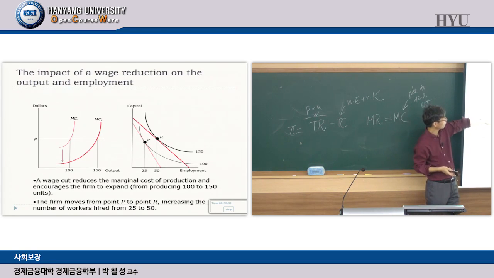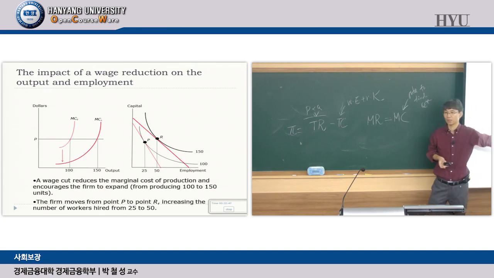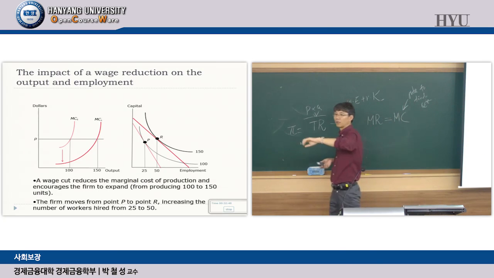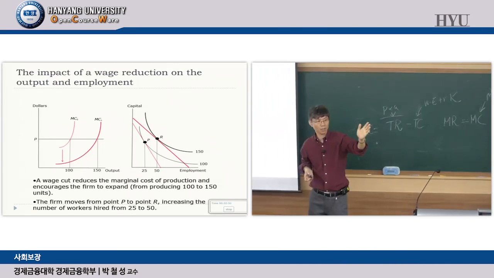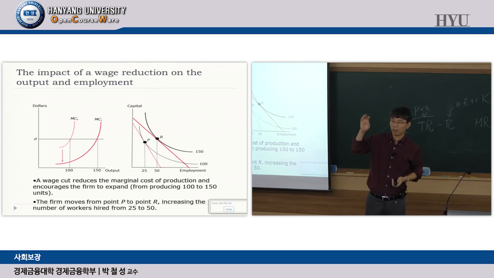So the marginal cost curve will shift downward. Marginal cost becomes smaller. And then if we use the MR equals MC rule, the optimal output will change from 100 to 150.